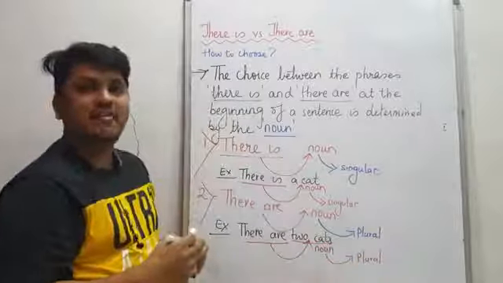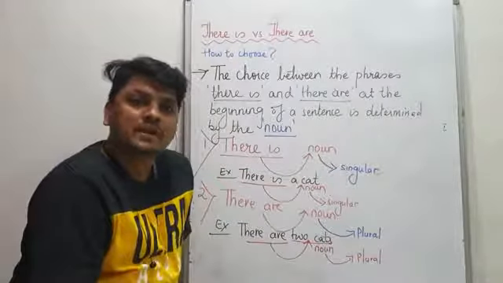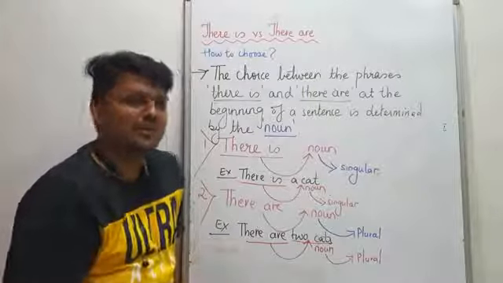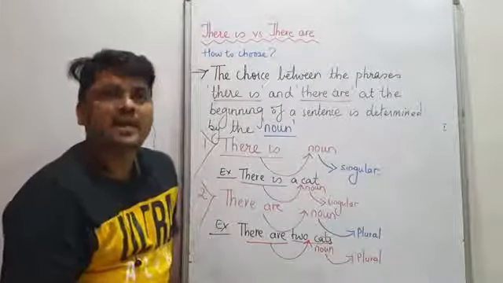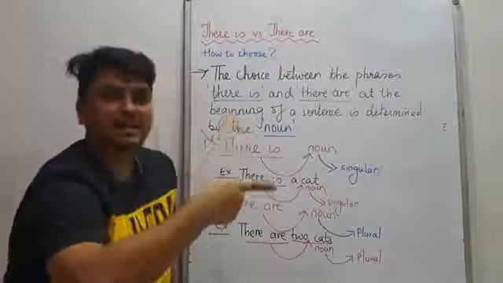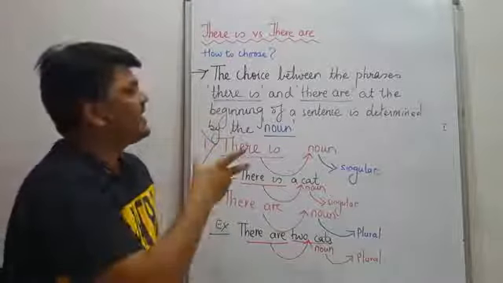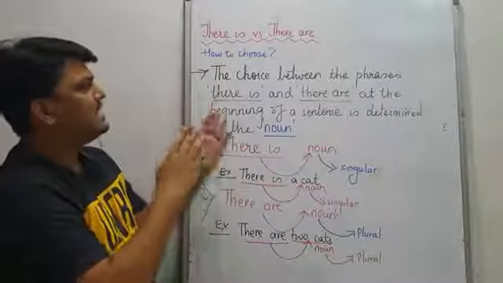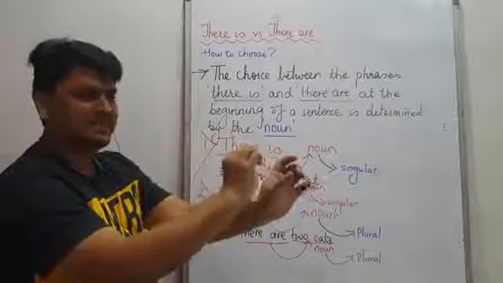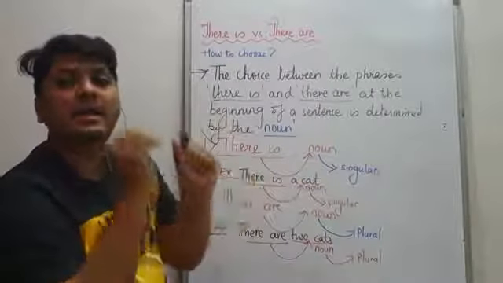So in future, when you write an essay, a speech, or whatever writing you do, whatever article you write, please do not make this mistake between there is and there are. And how to choose: I have given you a short description that the choice between the 2 phrases there is and there are, when it is at the beginning of the sentence, is determined by the noun.